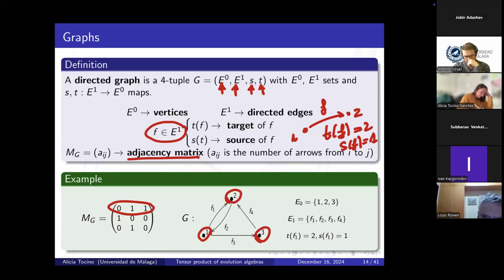But if we also have a 1 here, there should also be an arrow here, a loop. Okay.